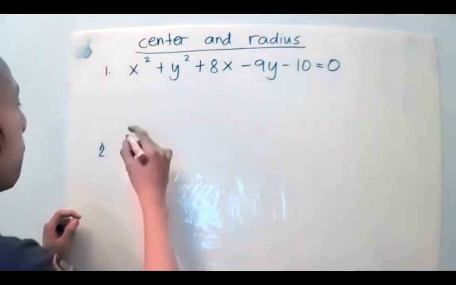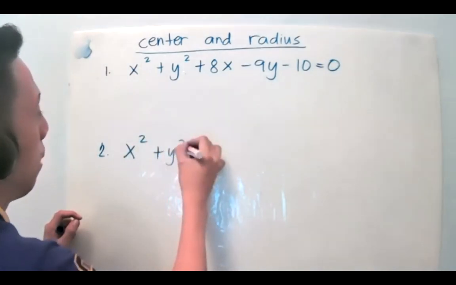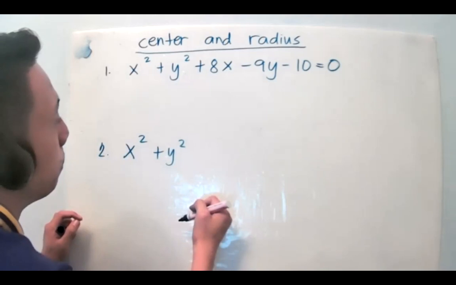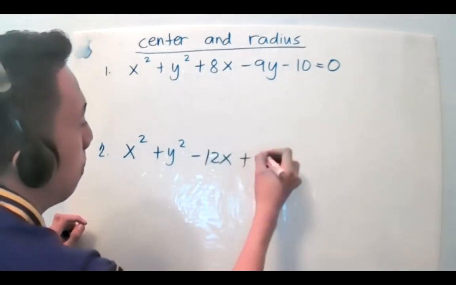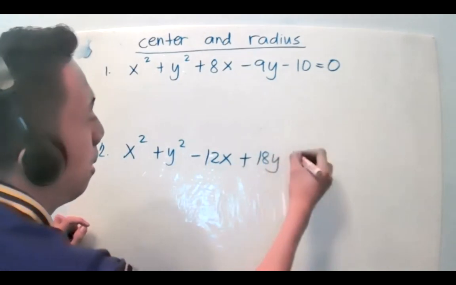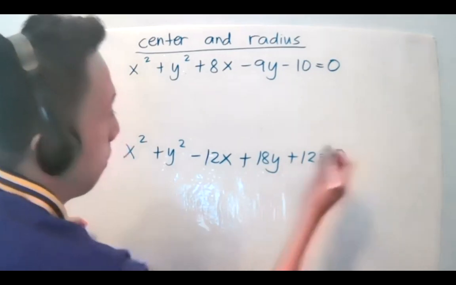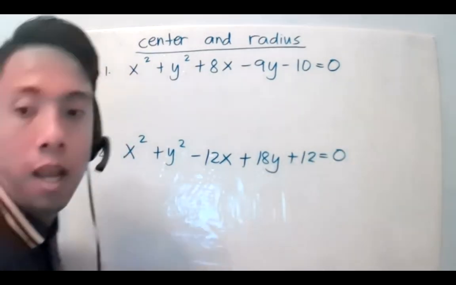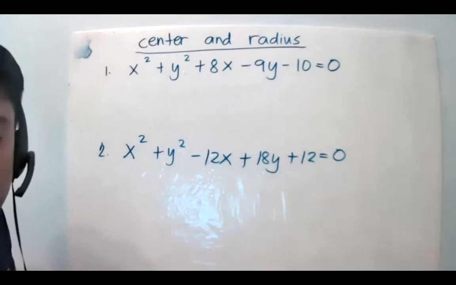Number 2, x squared plus y squared minus 12x plus 18y plus 12 equals 0. Okay, so this will be your second activity for today.